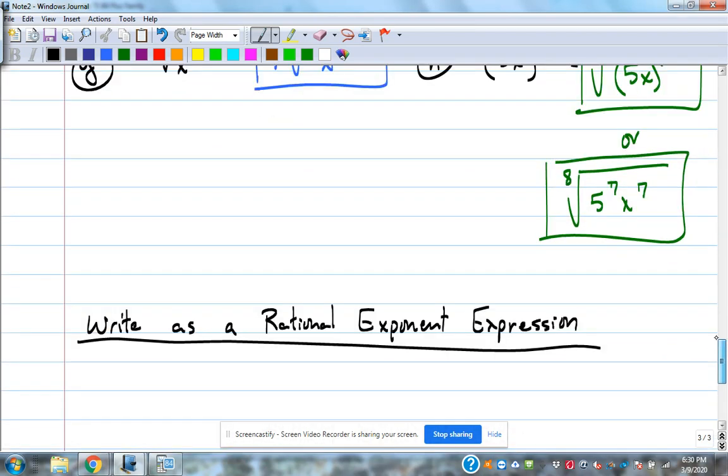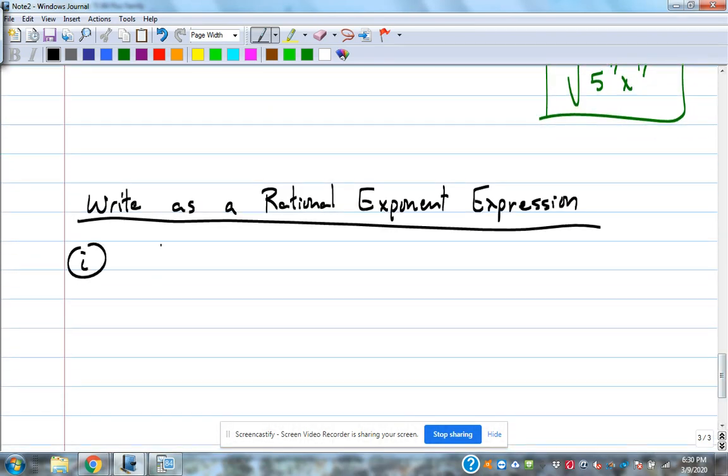So indexed root. Probably a really easy one. 7th root of n to the 3rd. Write it as a rational exponent. N to the what? 3 over 7. Simple thing here.